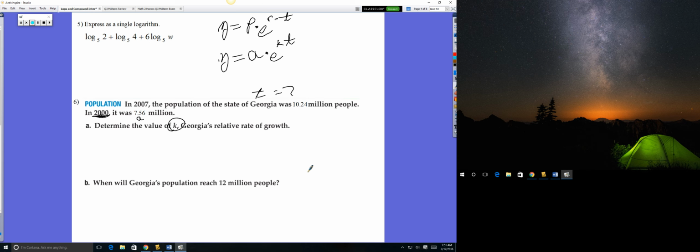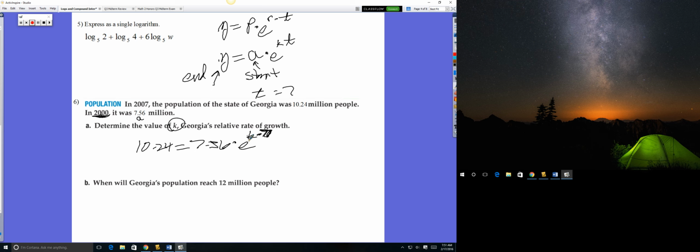So here we go. Okay, the amount, this is what you end with, this is what you start with. So I know both those, and I know the time is 7. So in 2007, I ended with 10.24. I started with 7.56 times e raised to the K t. I don't know what K is, but I do know the T. T was 7.